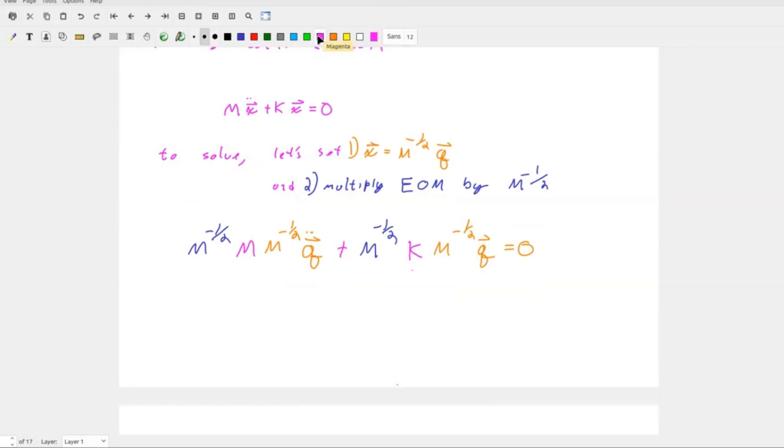Luckily, if we just look at this, m to the negative 1/2 m to the negative 1/2 is going to be my identity matrix.